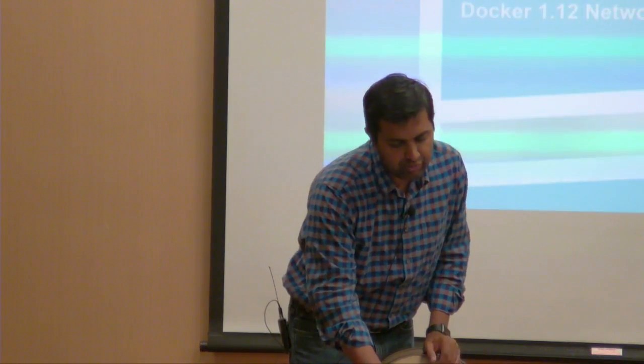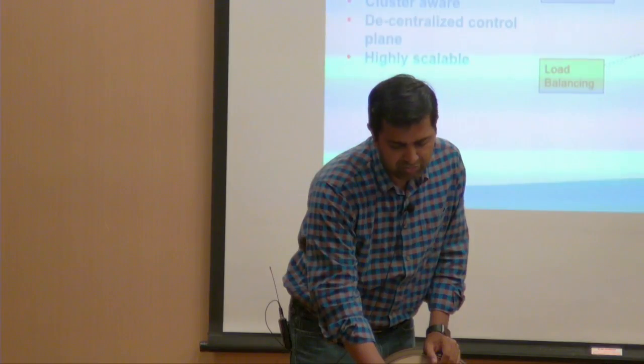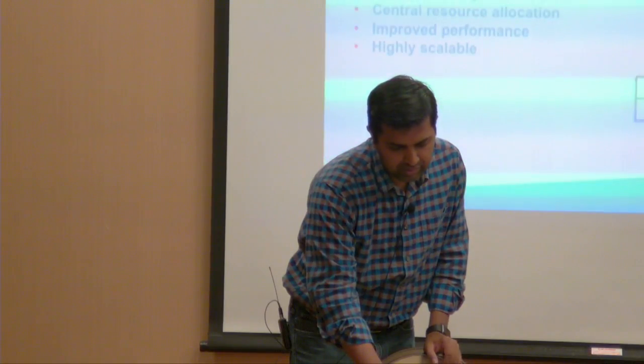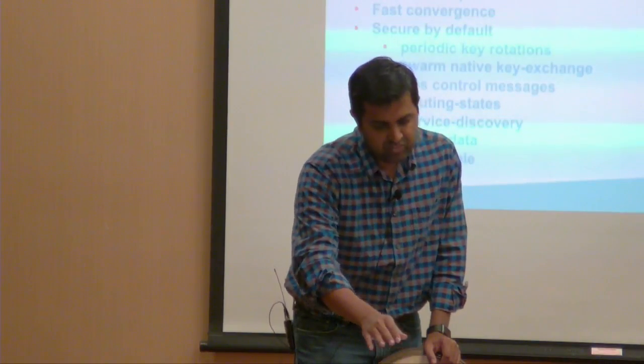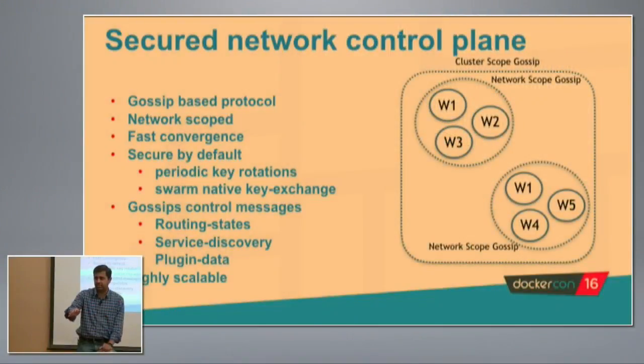So in 1.12, we added a lot of good features. I'll skip everything and go to the important ones. The control plane is an important feature. We don't use BGP, we use a gossip-based mechanism. And the gossip is fully secured end-to-end.